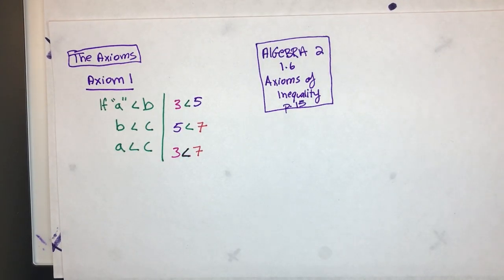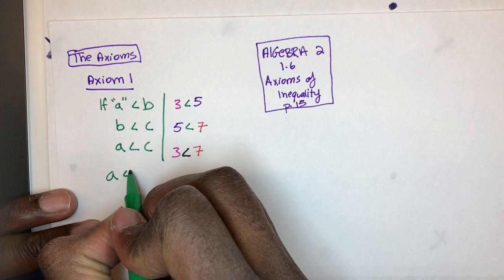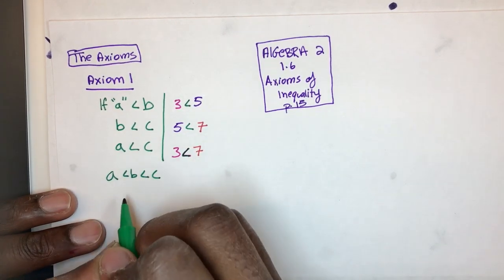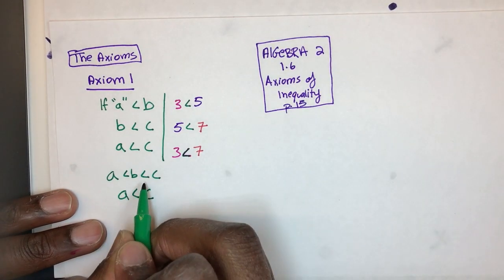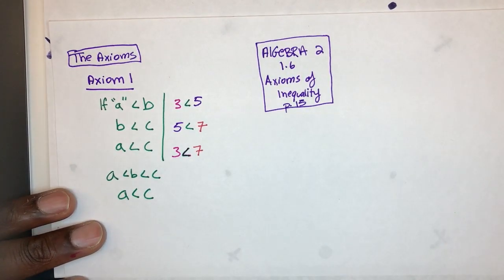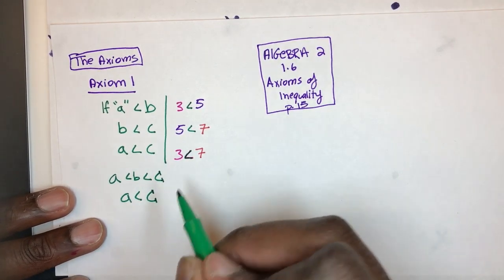If you wrote this out in linear form, on this side you would get a is less than b, and b is less than c, so therefore a is less than c. I'm sorry that my less than sign also looks like my c. Here, I'll do this. There you go.